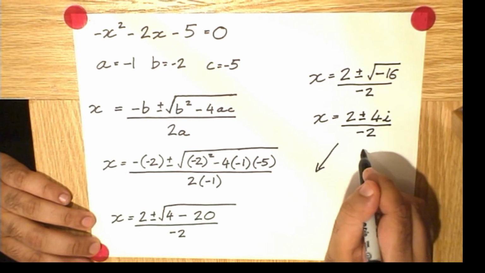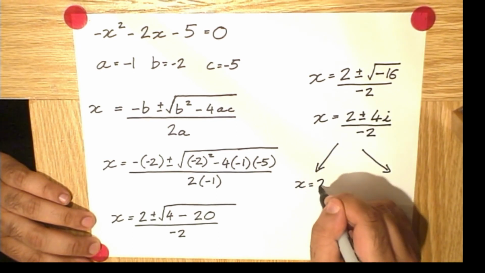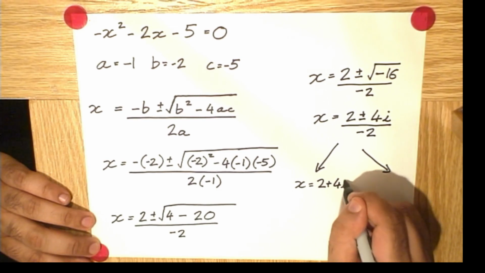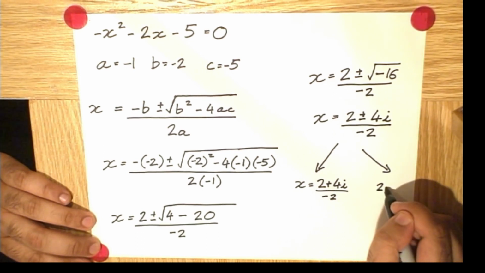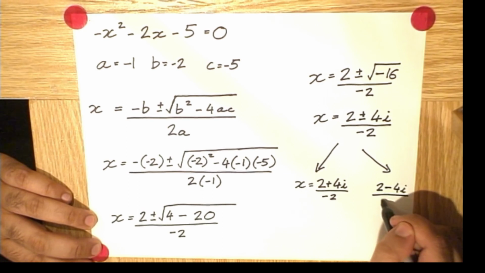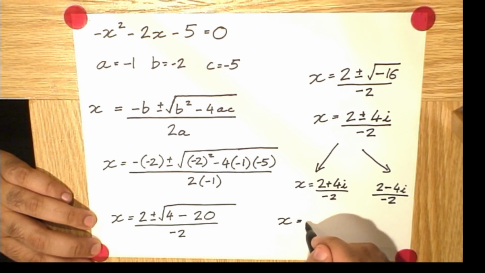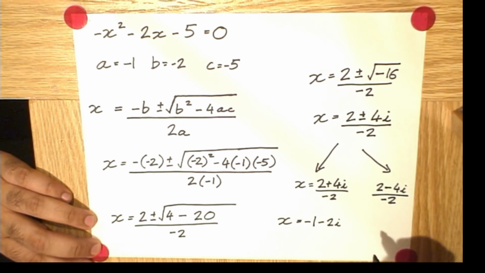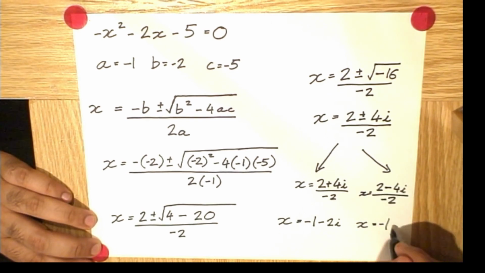So, once again, the plus side now becomes 2 plus 4i, all divided by negative 2, and the negative side becomes 2 minus 4i, divided by negative 2. So x is equal to 2 divided by negative 2 is negative 1, 4i divided by negative 2 is minus 2i. Or x equals 2 divided by negative 2 is negative 1, negative 4i divided by negative 2 is going to give us plus 2i.